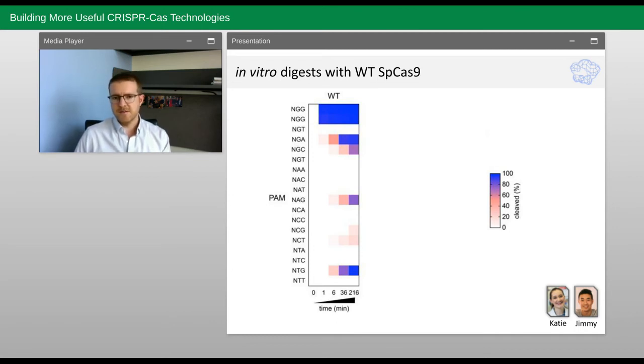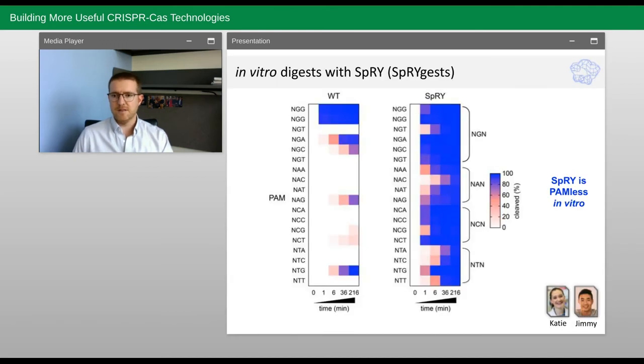But these other PAMs are essentially uneditable by Cas9 in a test tube. But now when we use our SpRY protein, you can see that all of these target sites at the end of our digest are completely cleaved. So the relaxed PAM compatibility of SpRY allows us to make an edit essentially anywhere in a plasmid in a test tube that we want.